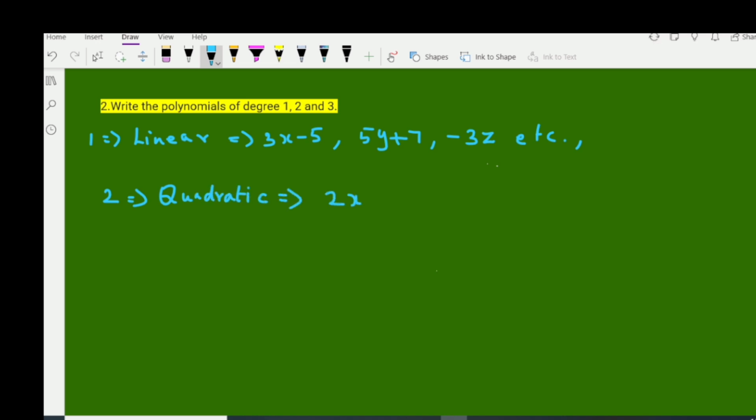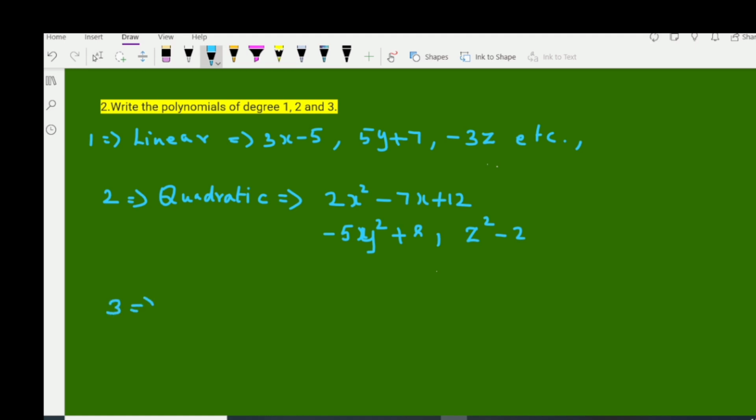You can write 2x squared minus 7x plus 12 as one quadratic polynomial, or minus 5x squared, or with another variable, y squared plus 8, is another quadratic polynomial. Or any other variable, say z squared minus 2, is another quadratic polynomial.